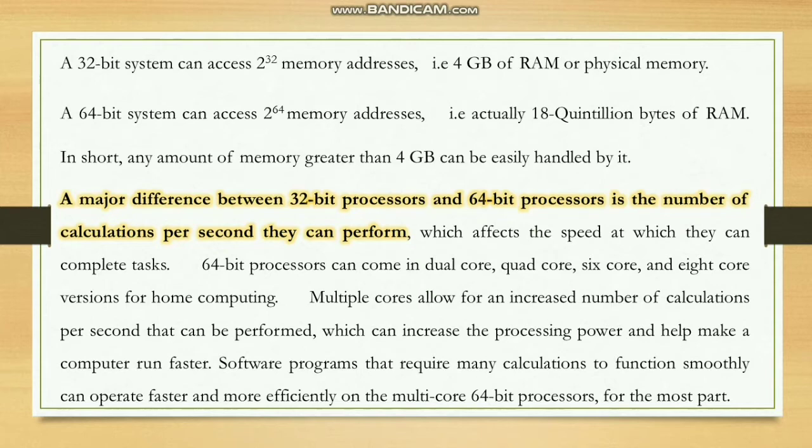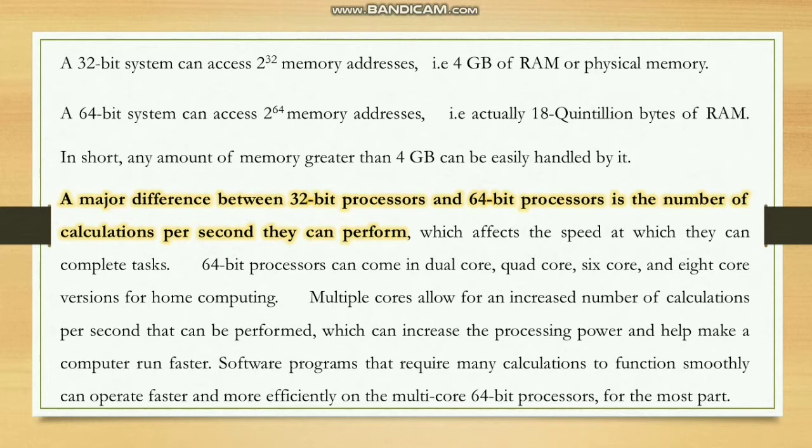That means it will be able to handle 18 quintillion bytes of RAM. In short, I am not explaining much more. In short, 4 GB of RAM or more could be handled easily by a 64-bit processor or a 64-bit operating system.